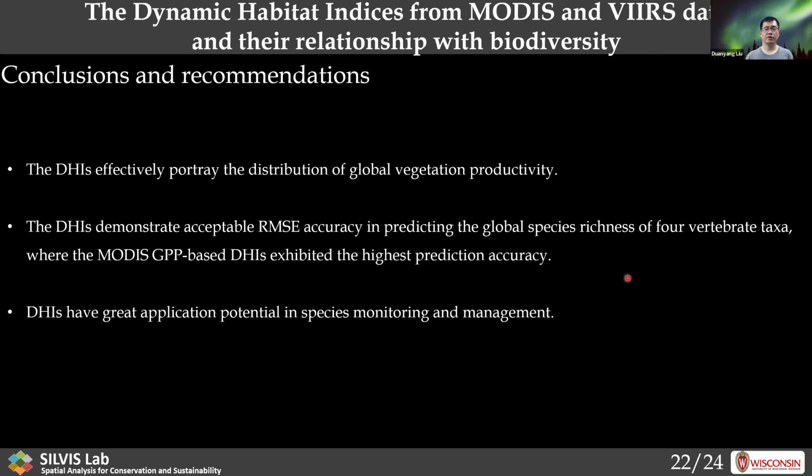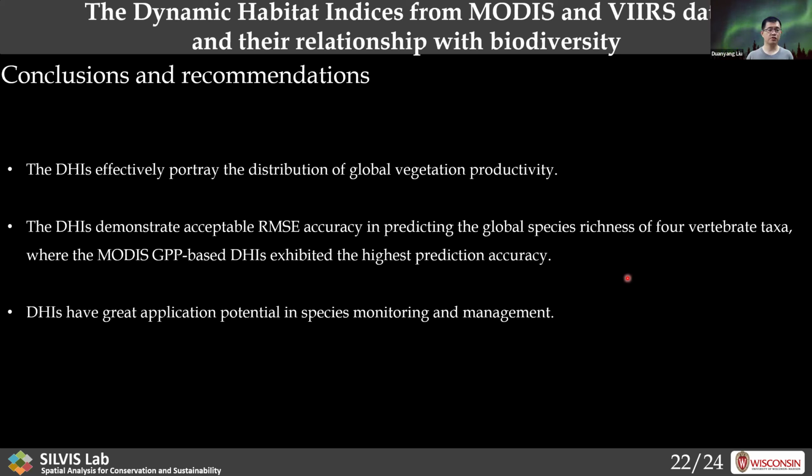Here are several conclusions about this research. In this research, we generated the global 500-meter DHI based on MODIS and VIIRS products. Those DHI can effectively capture the distribution of global vegetation productivity.